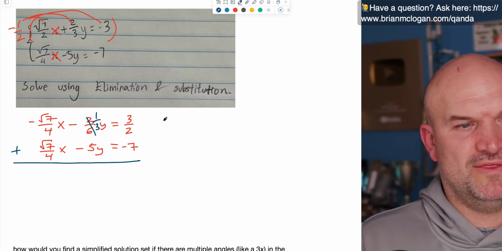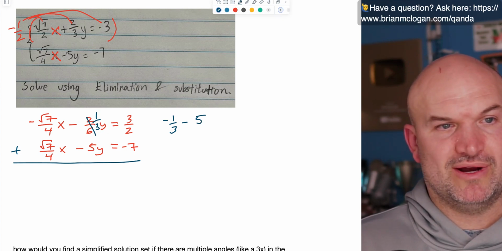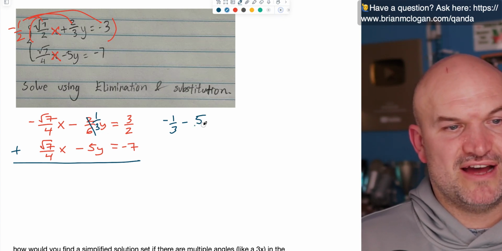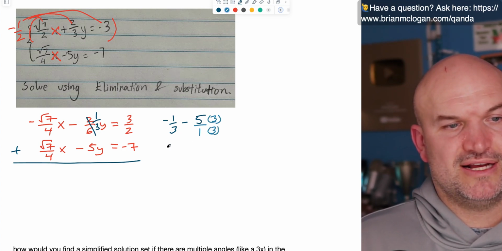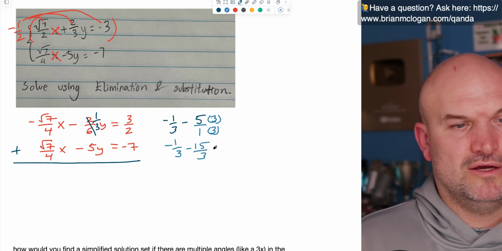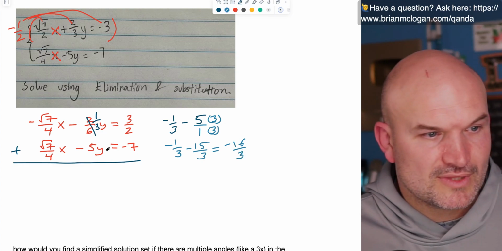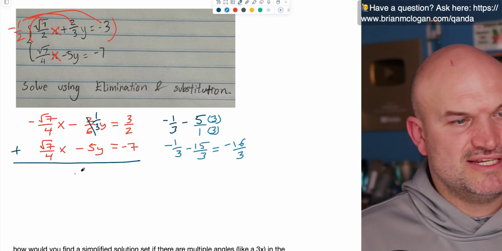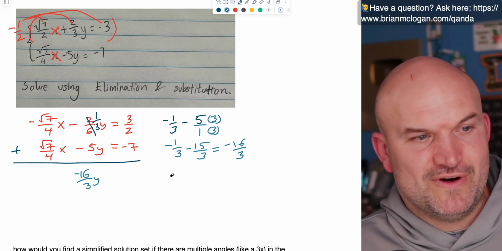So we have a negative 1/3 minus a 5. Well, again, remember, guys, you can rewrite this 5 as 5 over 1 and then multiply it by a 3 over 3, right? So technically, it's a negative 1/3 minus a 15 over 3, which is equal to a negative 16 over 3. So I have a negative 16 over 3y, and then some more fractions, okay?